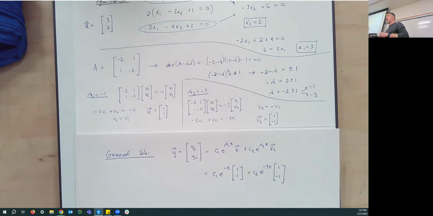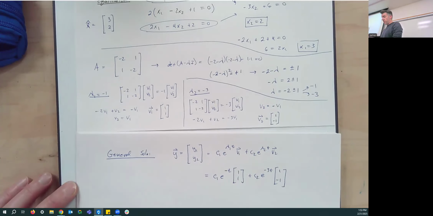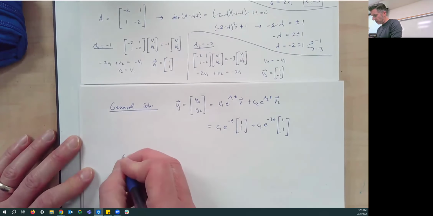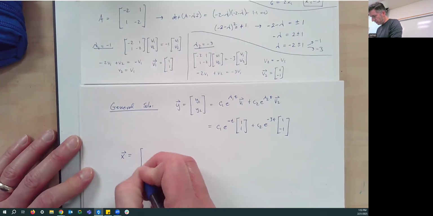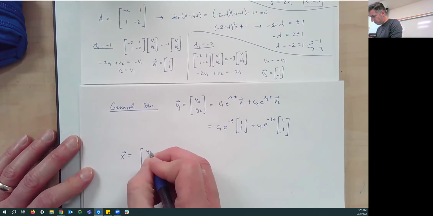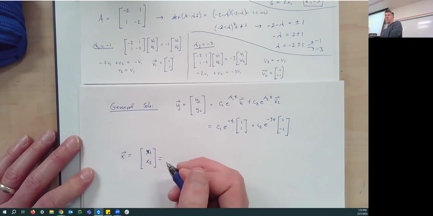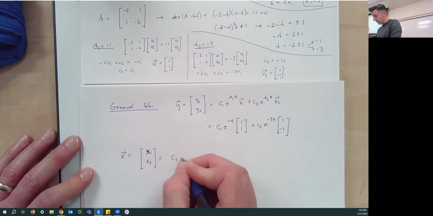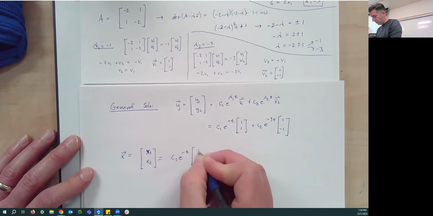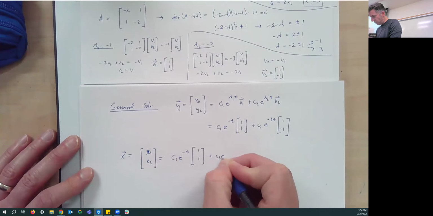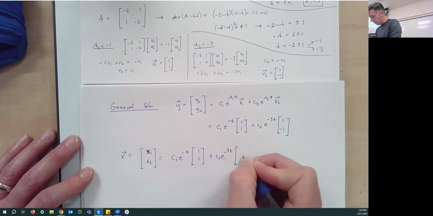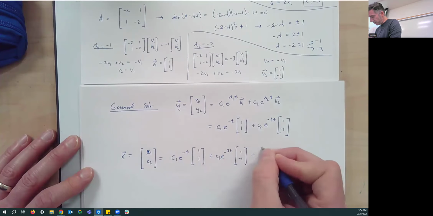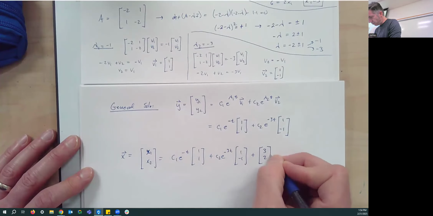We shouldn't find our constants yet, though, because they're in terms of x, not in terms of y. So then our x solution is going to be just take that solution we found and add on our equilibrium, which was 3, 2. It's going to be c1 e to the negative t times 1, 1 plus c2 e to the negative 3t times 1, negative 1 plus 3, 2.